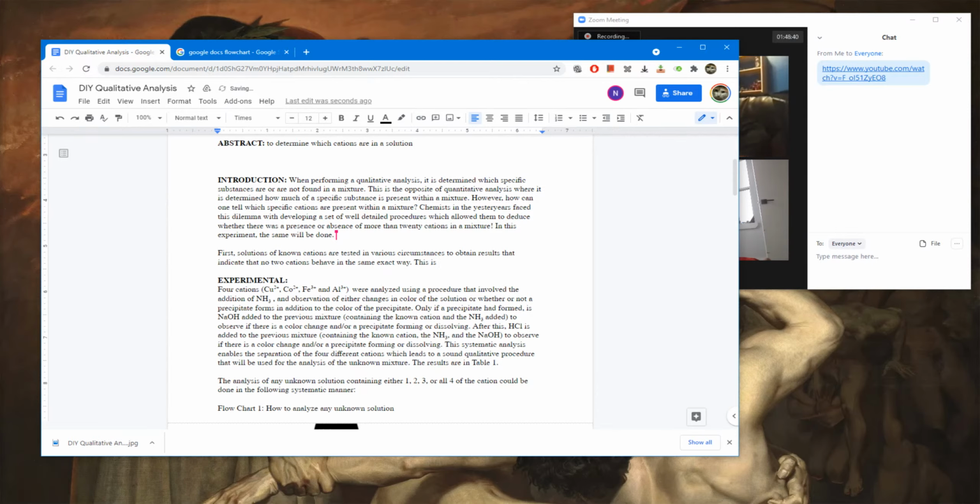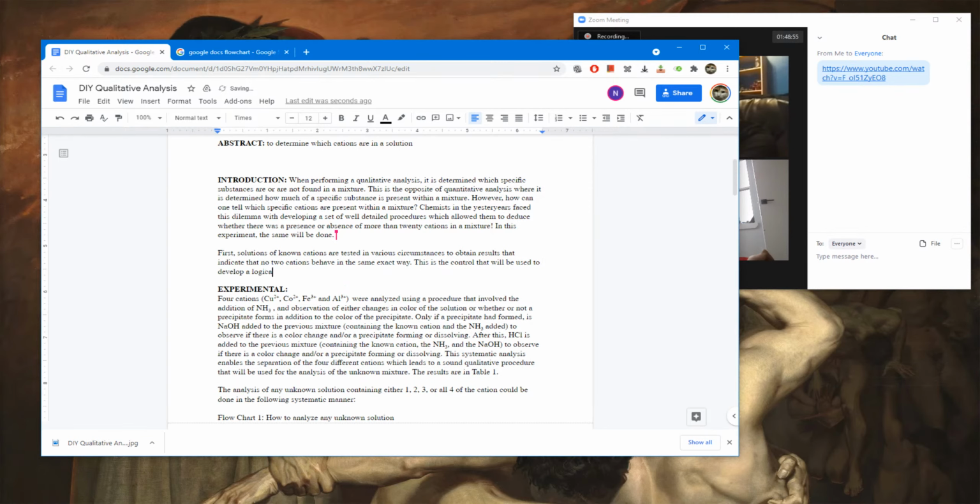This is, I guess, a control. This is the control that will be used to develop a logical, systematic procedure to ascertain the identity of the cation in any unknown solution.